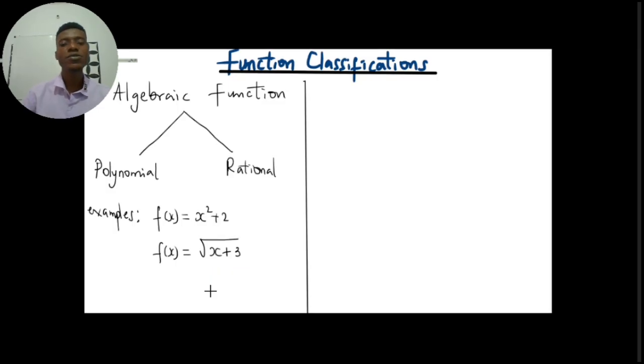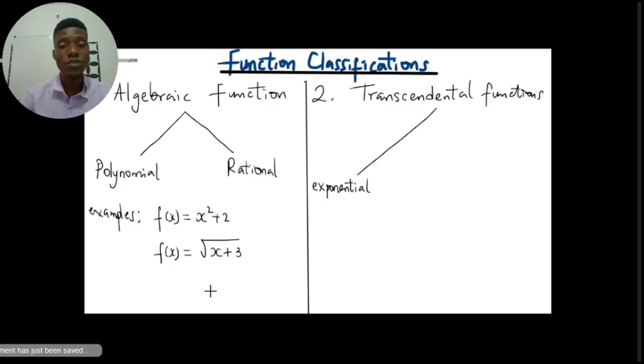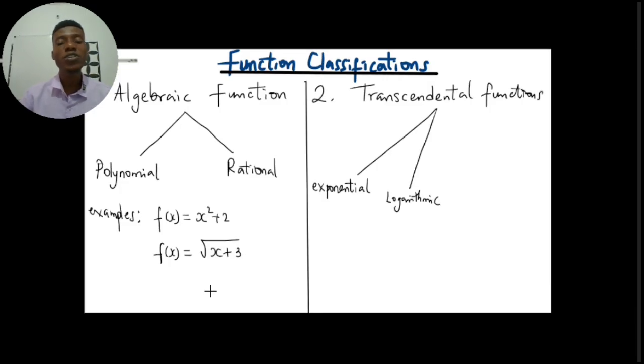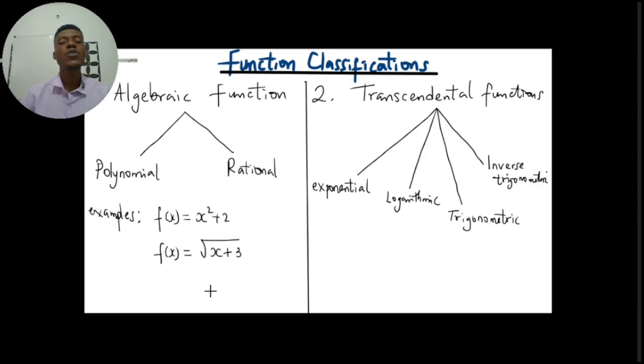Another classification is the transcendental functions. The transcend there means that it is beyond algebra. It transcends algebra. That is where the name comes from. Transcendental functions. The first one under it is the exponential function. The next one is the logarithmic function. We have the trigonometric function, and we also have the inverse trigonometric functions.